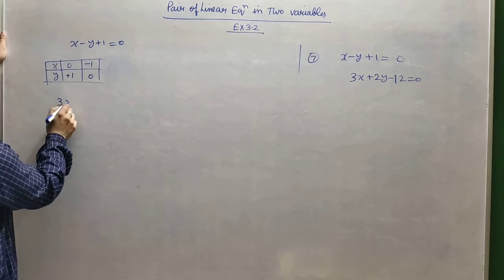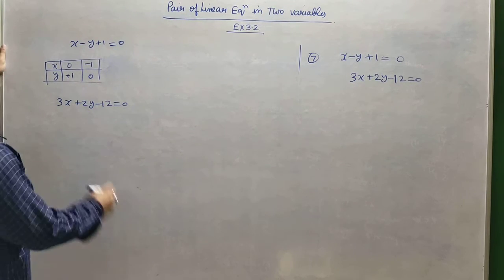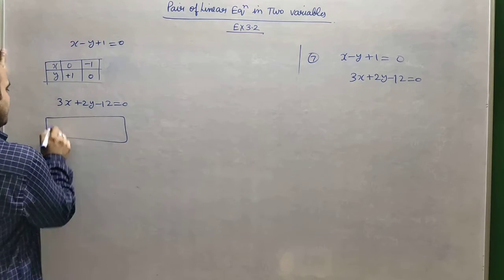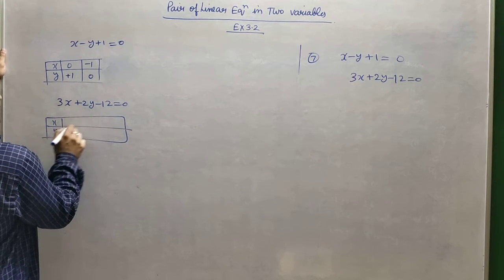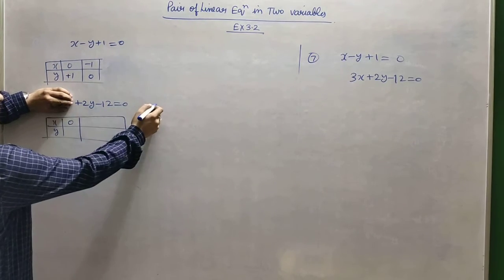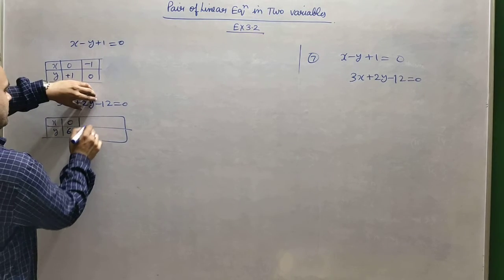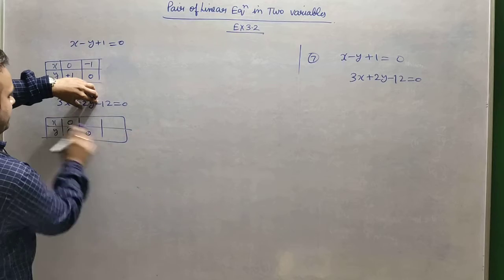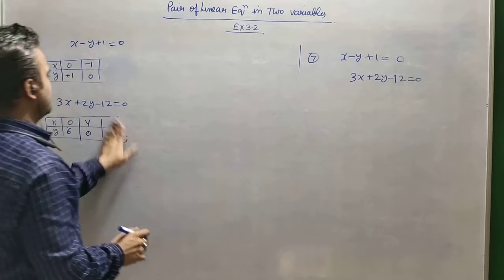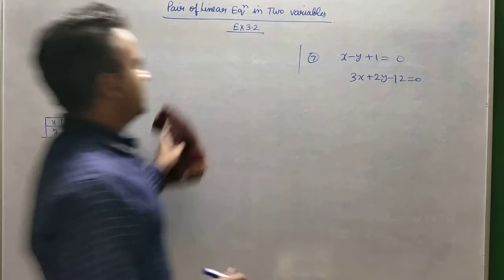Now for the next equation, suppose x is 0. Then this 12 will shift here, so you will get y is 6. If y is 0, this 12 will shift here, you will get x is 4. Two solutions are sufficient.